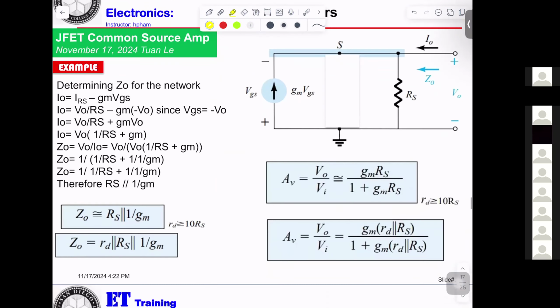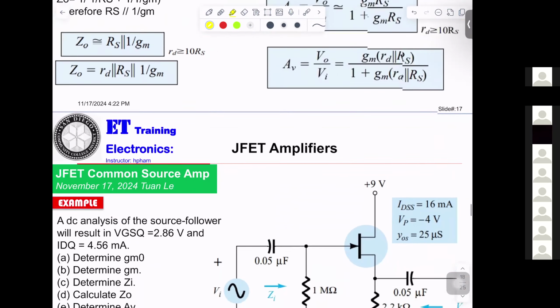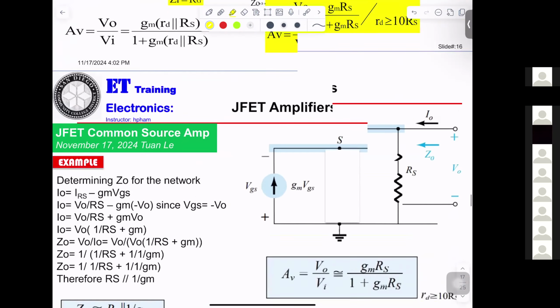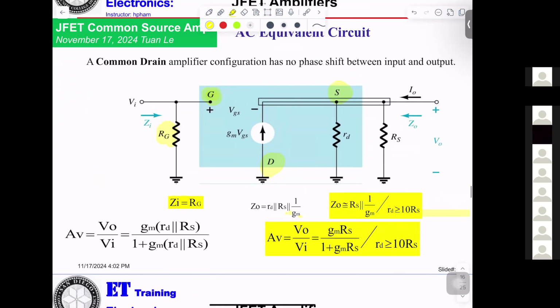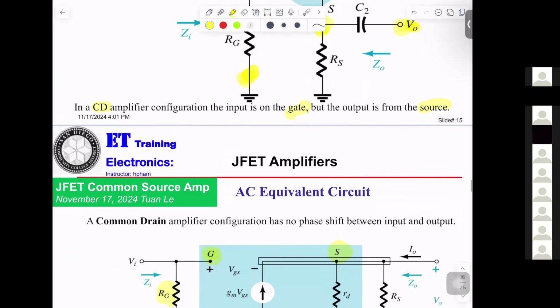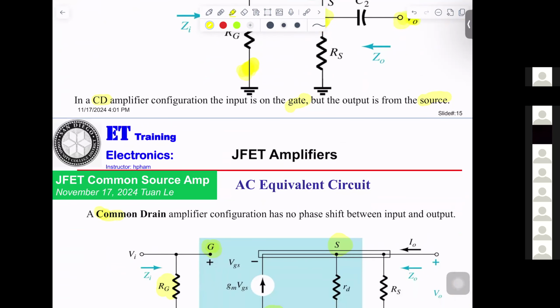Now, let's see. In here, the only thing is they're not telling you. Here, they do. Common drain amplifier has no phase shift between input and output. That means they will be in the same phase.